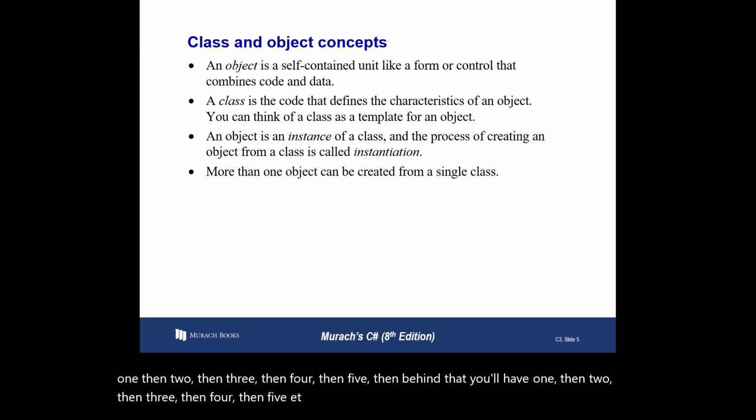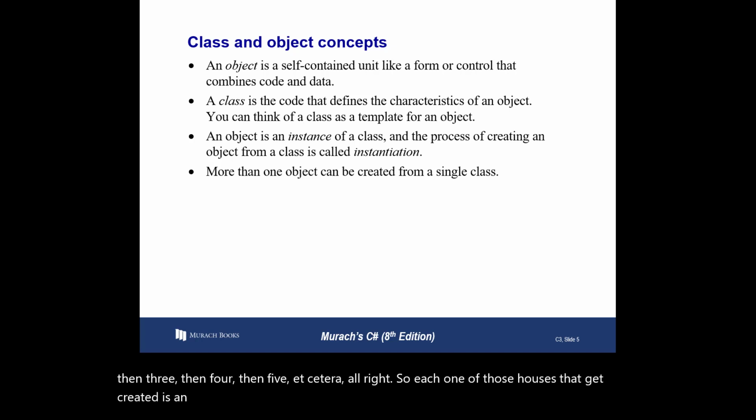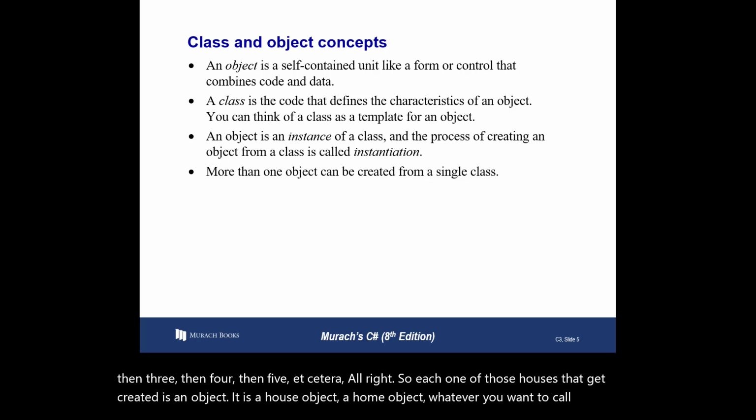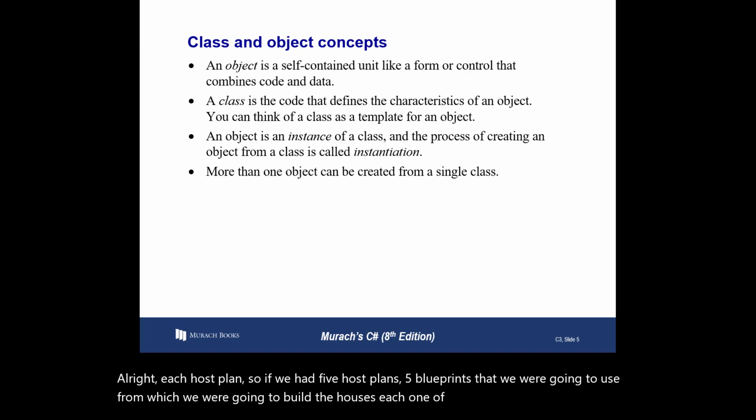So each one of those houses that gets created is an object. It is a house object, a home object, whatever you want to call it. If we had 5 house plans, 5 blueprints from which we were going to build the houses, each one of those house plans would be a class.